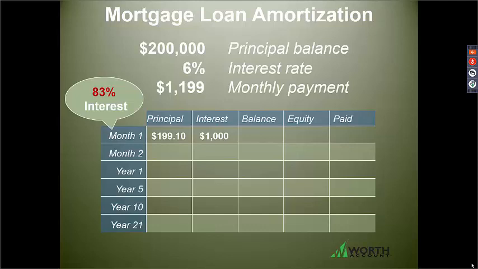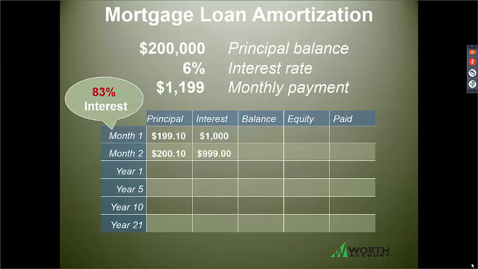Now, in that first month, 83% of your $1,199.10 went to interest. That's just to give you an example of how this mortgage works. 83% of your payment, every dollar going into this loan, is interest. So month 2, it is amortized.